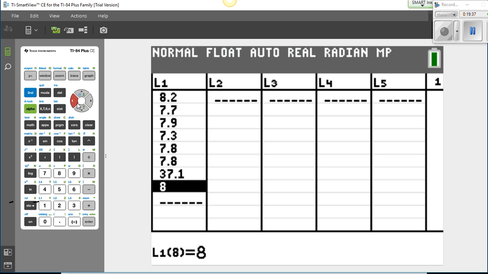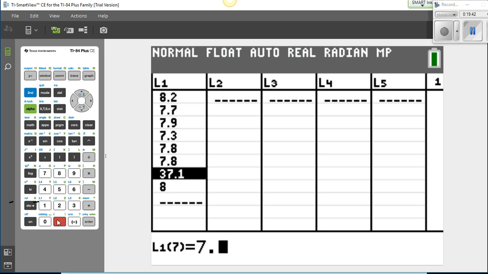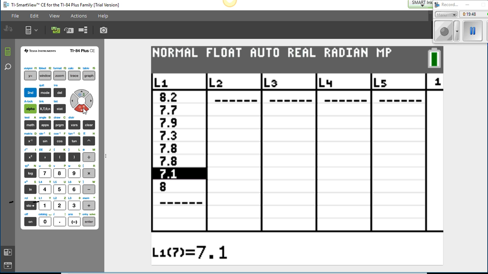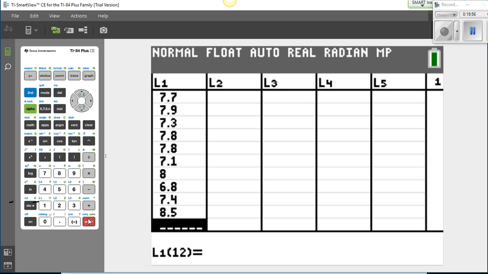And that's 37. That would be a really windy day. 6.8. I'm bad at typing today. 7.4, 8.5, and 7.6. Excellent. All right.